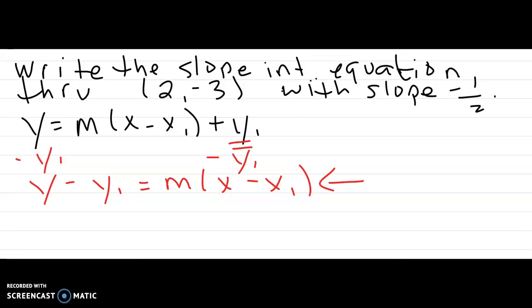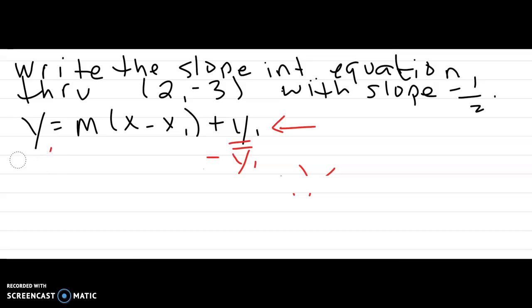Feel free to use it if you would like. However, this one in black tends to lend itself to things that you're going to do later in Math 2. So whichever one you want to use is okay with me. Just make sure that whatever strategy you pick, you have a method for figuring out the negative signs.